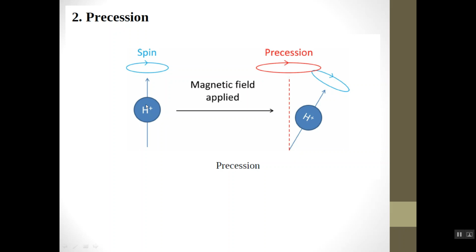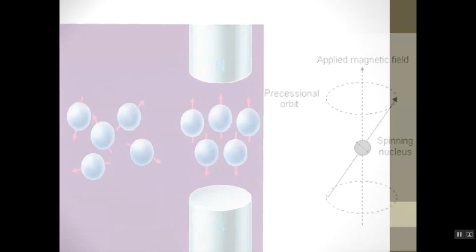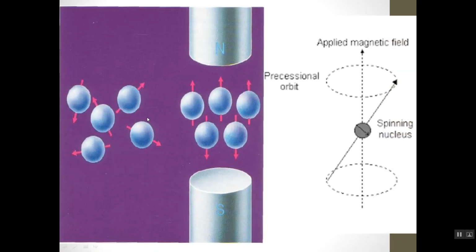This is the normal state without applying the external magnetic field. So the protons in a free state inside our bodies will be like this: a proton towards a certain direction, and another in the opposite direction. The net magnetization without the external magnetic field will be 0.